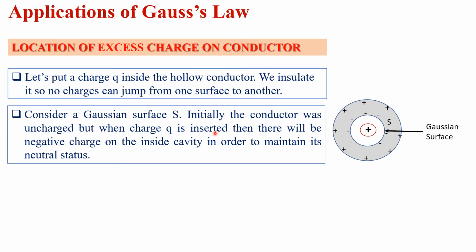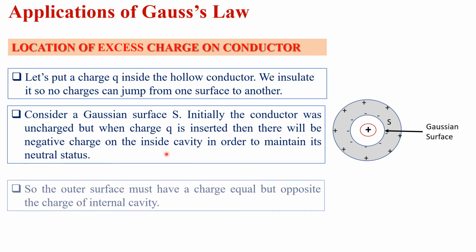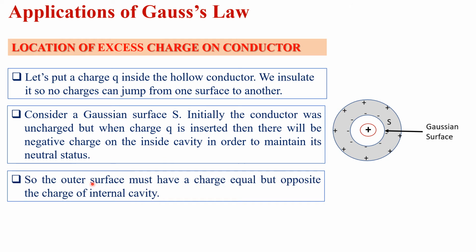But due to this positive charge, negative charges are attracted on the inside cavity for making this conductor neutral. So the outer surface must have a charge equal but opposite to the charge of the internal cavity. As on the Gaussian surface there are negative charges, the outer surface will have positive charges to maintain its neutral status.